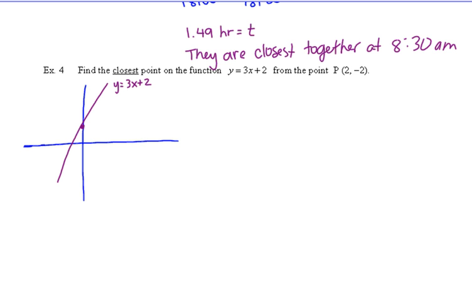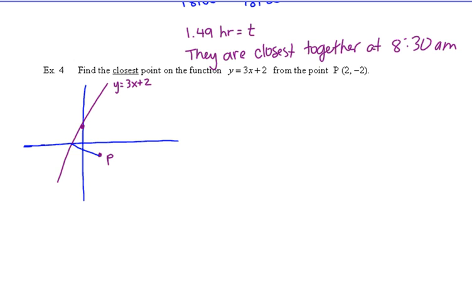And at (2, negative 2), there's some point P. If we want the closest point on that function, are we trying to maximize or minimize something? Minimize distance.